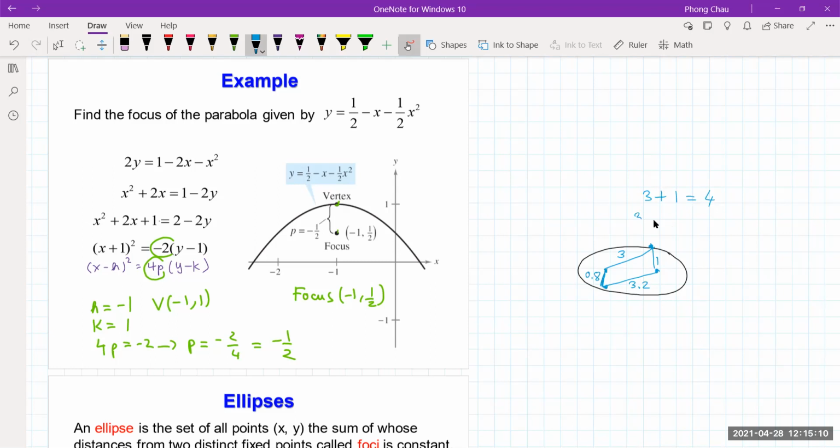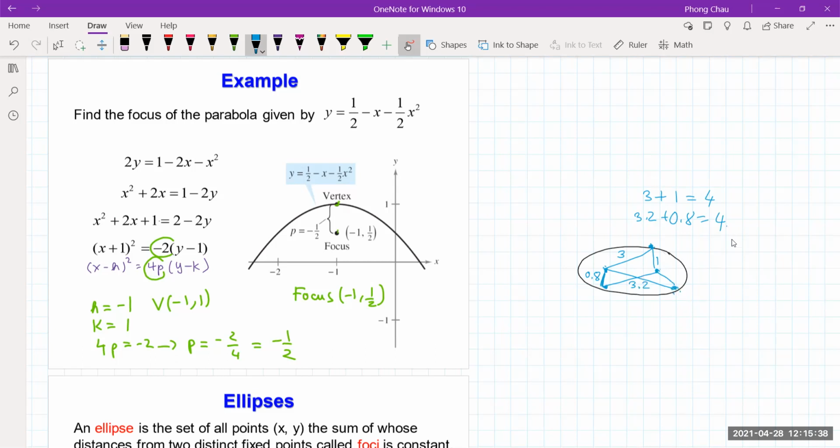Because 3.2 plus 0.8 gives us 4. Likewise, if you pick any other point, it doesn't matter where you choose, the total distance from these fixed points has got to be 4. And this is 3.9, and that's going to be 0.1, so the total would be 4.